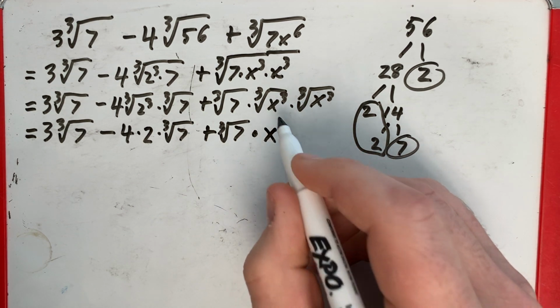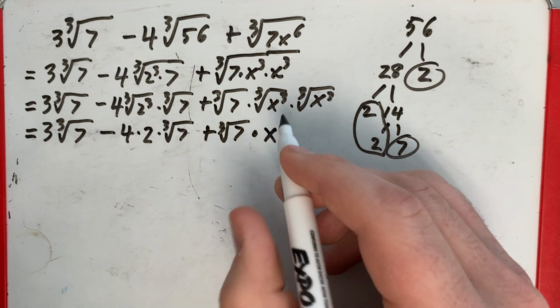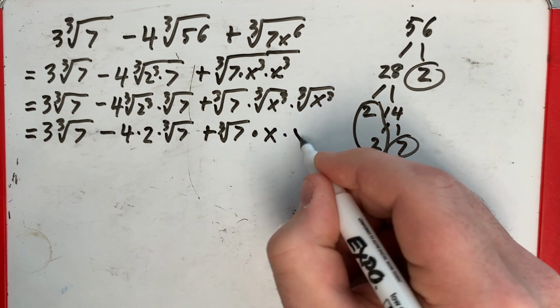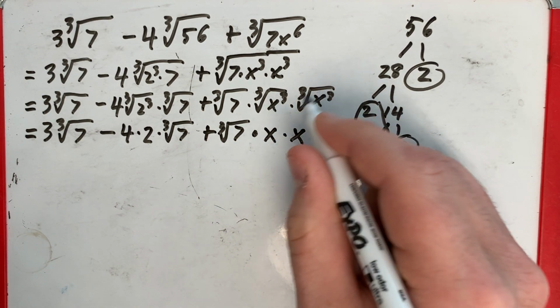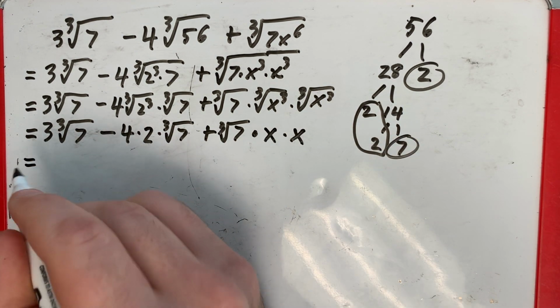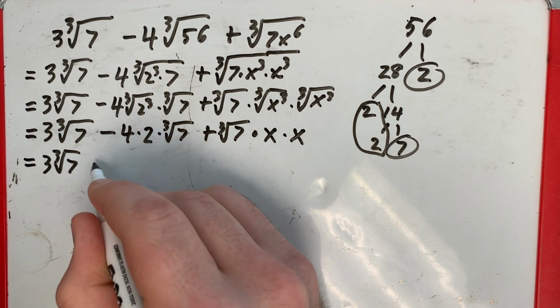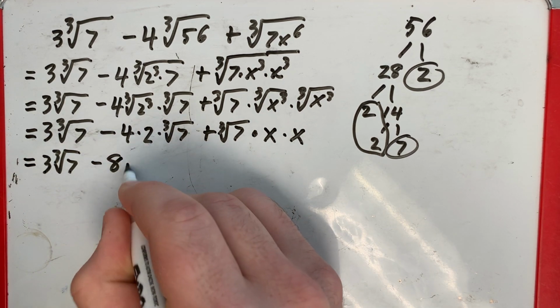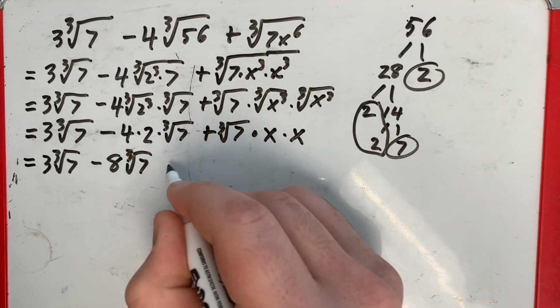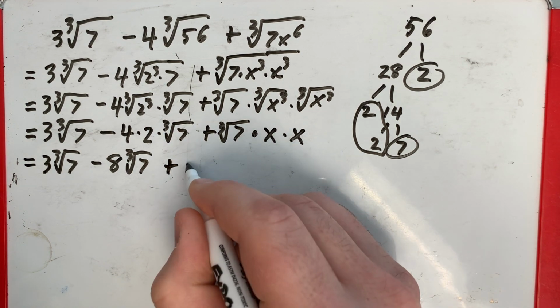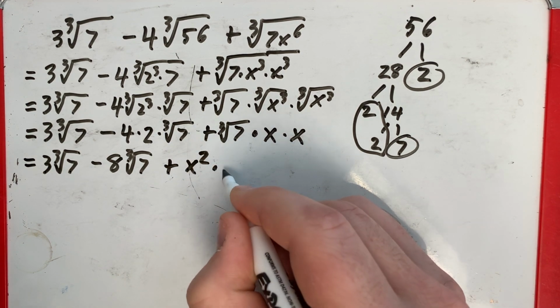Not absolute value of x because we have an odd power and an odd root, so we don't have to worry about that here. Similarly, we have an x for this guy. Simplifying, this gives me 3 times cube root of 7 minus 8 cube roots of 7 plus x squared times the cube root of 7.